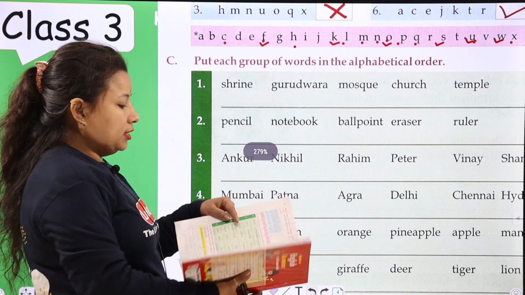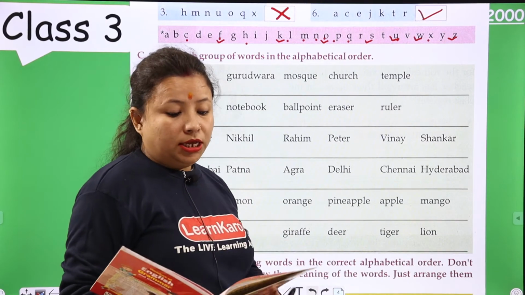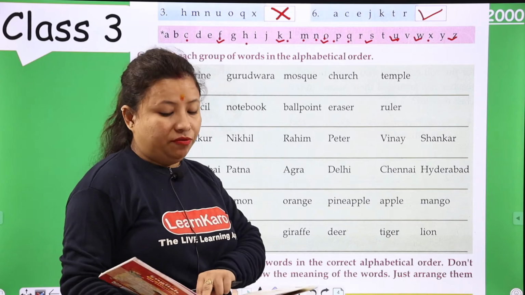Next, number C: put each group of words in alphabetical order.